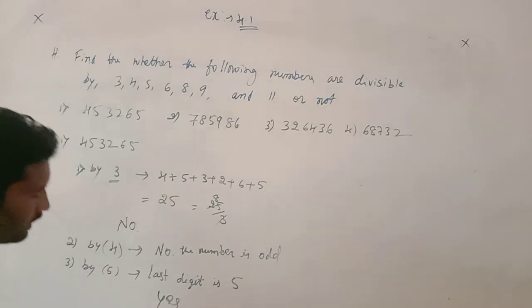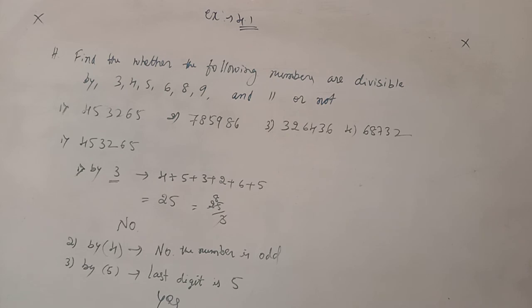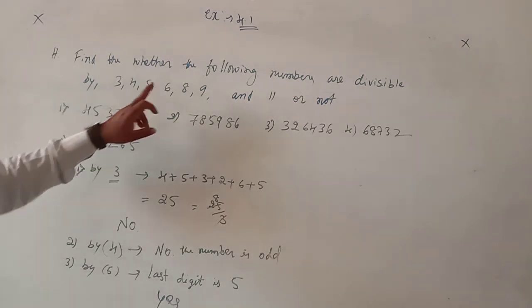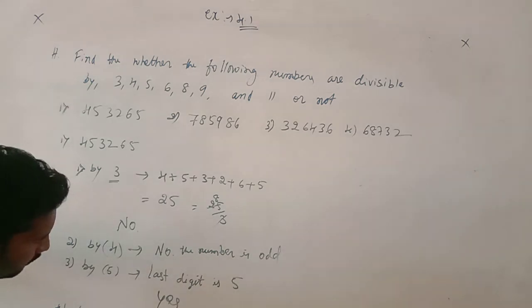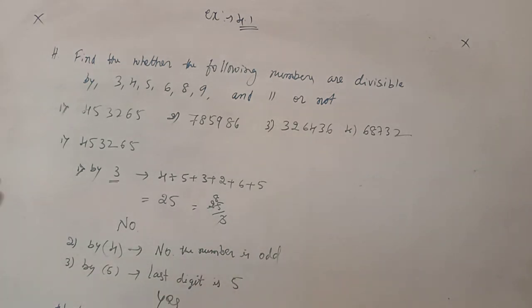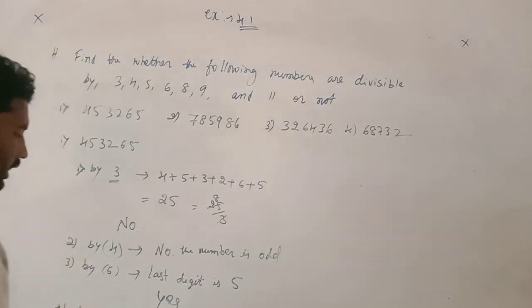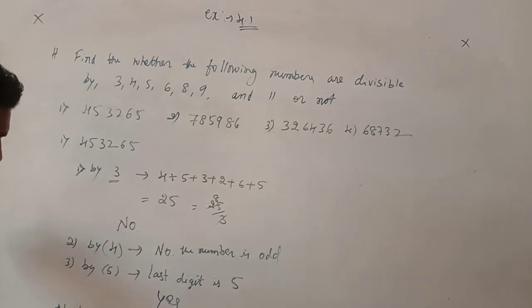By 4 it is no. Next, by 6. By 6 it is not possible, because the number is not divisible by both 2 and 3.